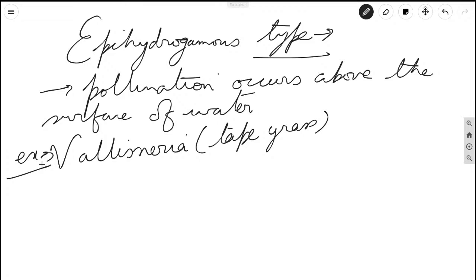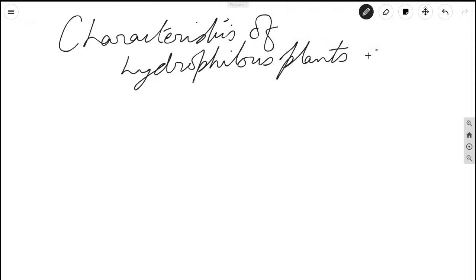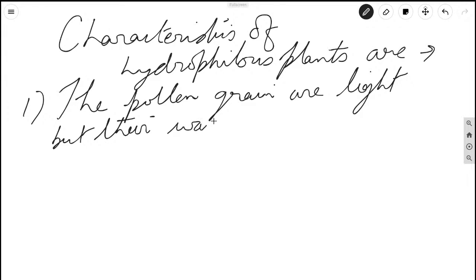The interesting characteristics pertaining to hydrophilous plants are, first, the pollen grains are light but covered with wax, so that water cannot make them wet, and they are produced in large number.